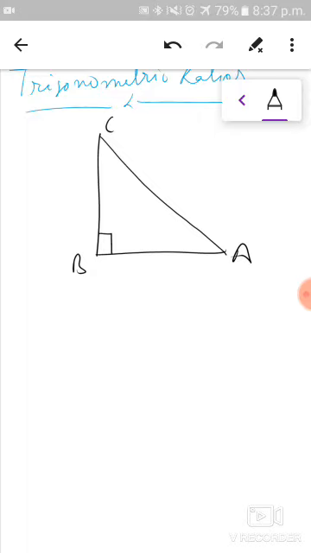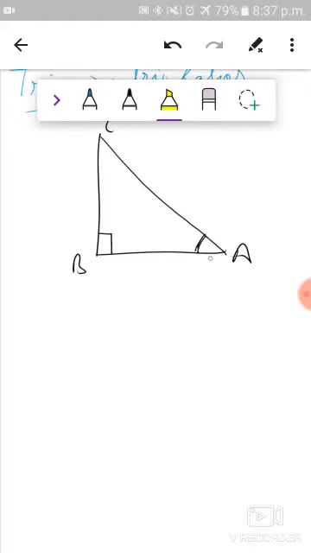Now first of all I'm going to write a few ratios for angle A. We are going to consider angle A. As I said, for angle A, the side opposite to angle A is BC.